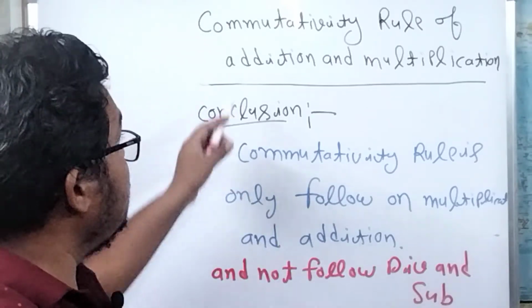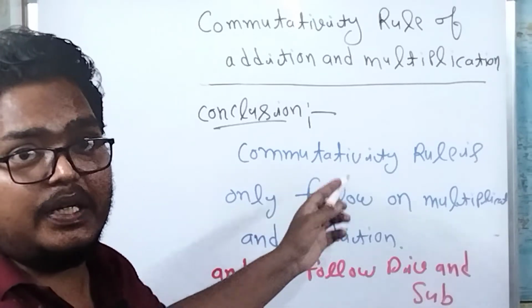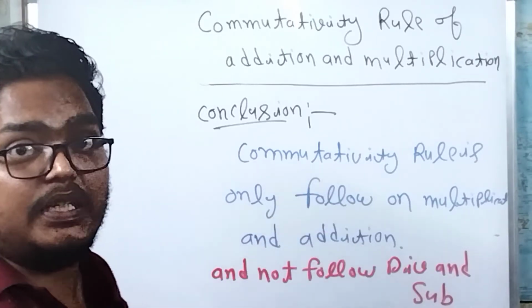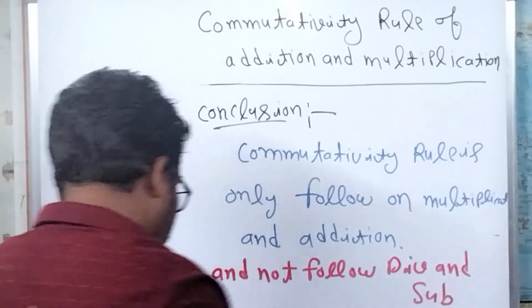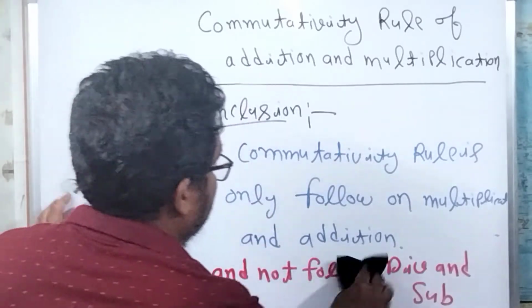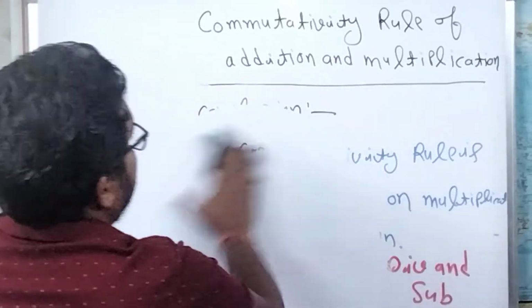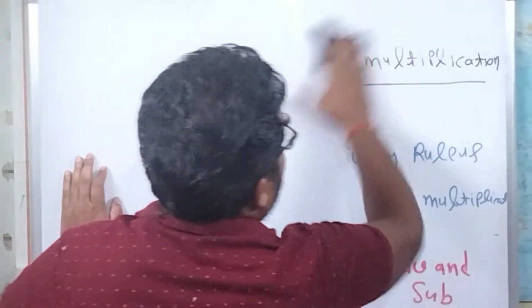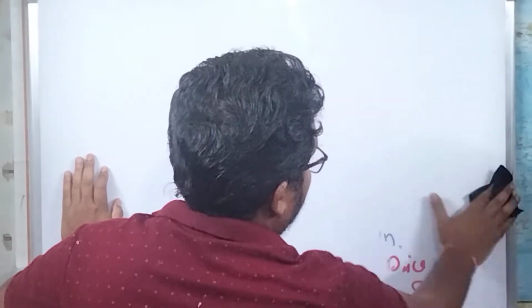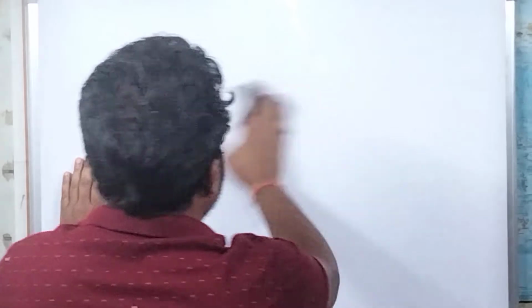And here this rule is finished and we see the next rule, the associativity law of multiplication and addition of whole numbers. Friends, the whole number is very important for all classes 6, 7, 8, 9, 10 because this is the base of the number system, and the number system is actually based on the whole number.